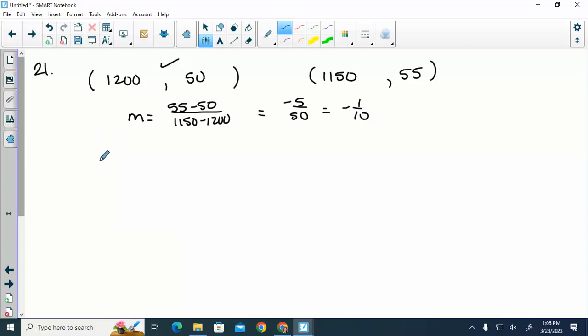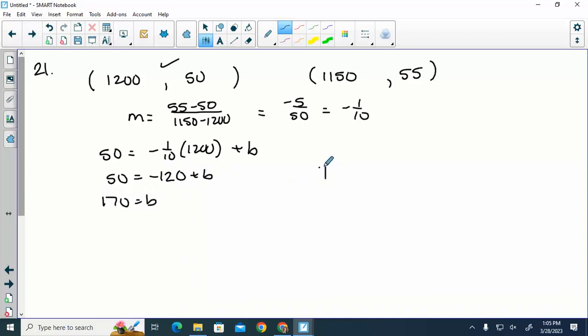Take one of your points, plug into y equals m times x plus b. So b equals 170. So our price is -1/10 x plus 170.